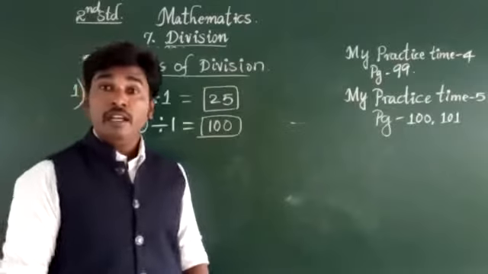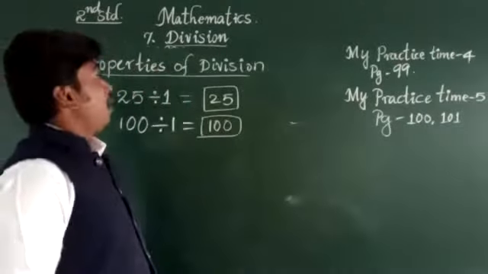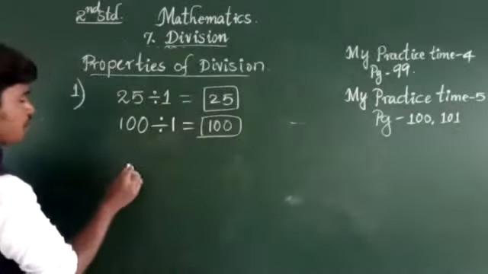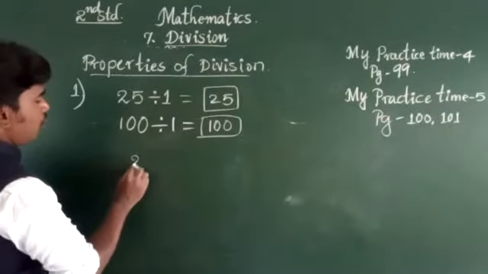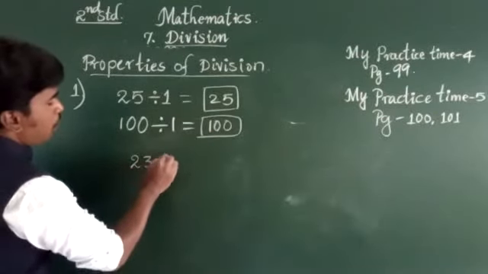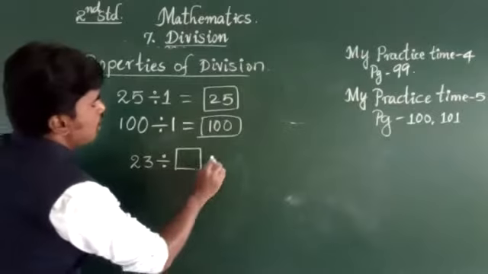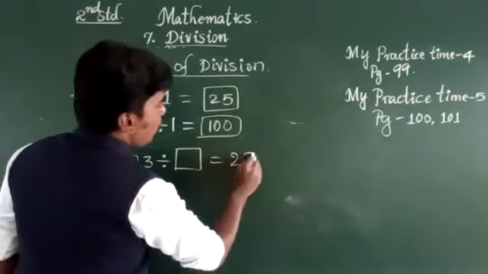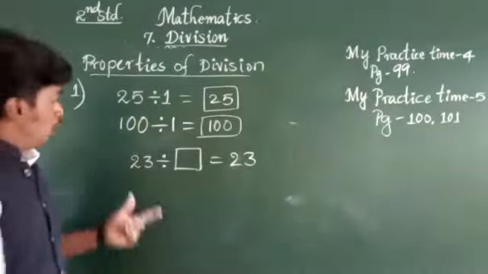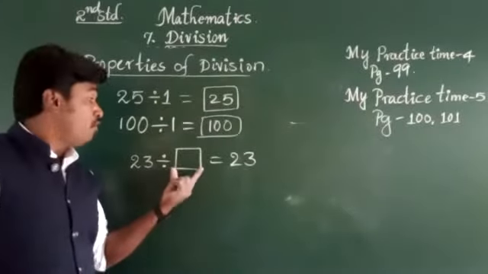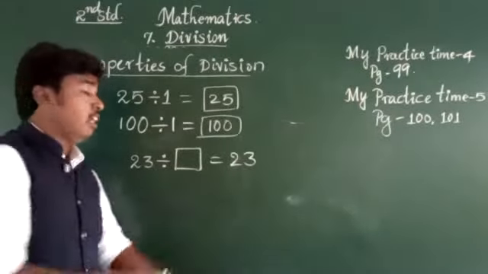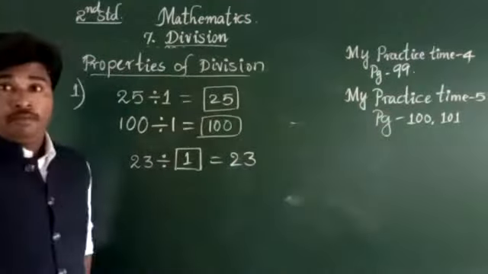It is done by using the properties of division. You may have seen that 23 divided by dash is equal to 23. Look here, dear children. From which number, if you divide, do you get 23 only? It is nothing but 1 only.